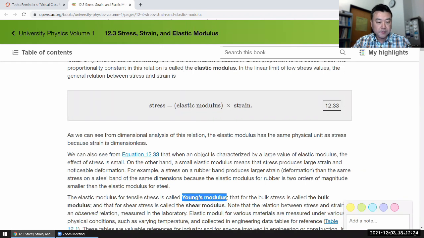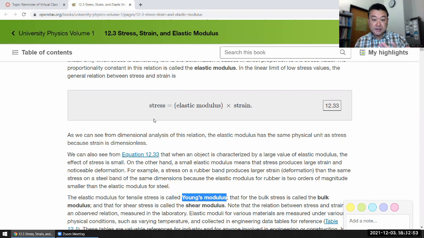Looking at this equation, Young's modulus would be defined as stress per strain. A material that has a very small Young's modulus indicates stress over strain, so strain would be large for relatively small stress. So a material with a small Young's modulus is a material that stretches easily.